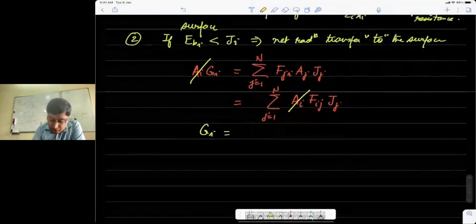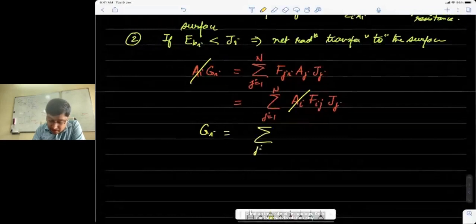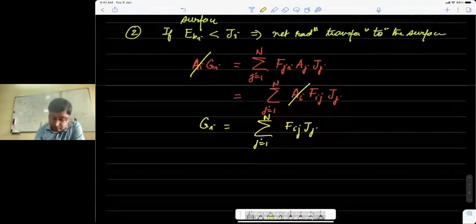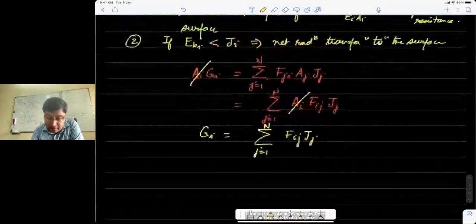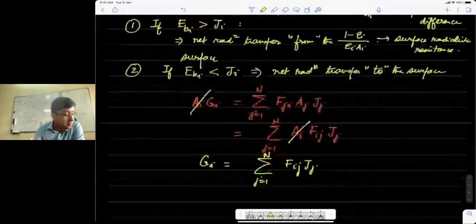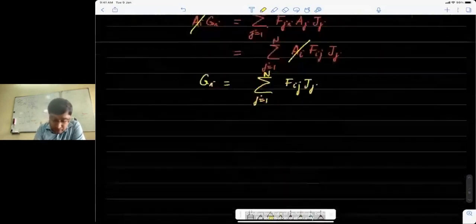So Gi could be written as the summation j from 1 to n of Fij Jj, and so now I will plug this into the definition of Qi.